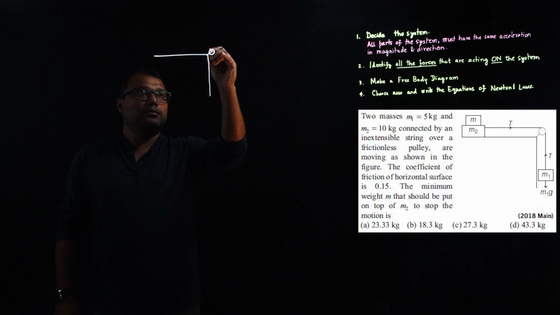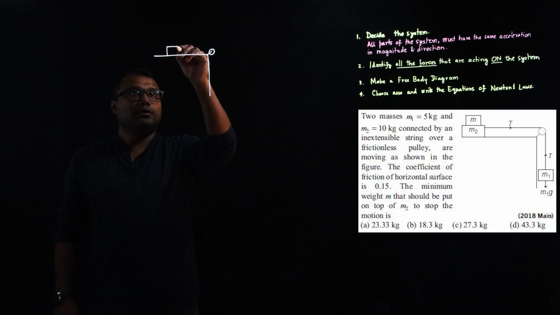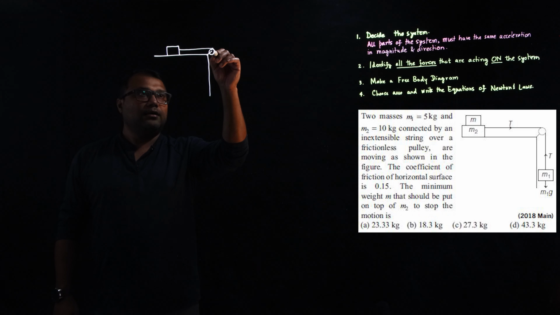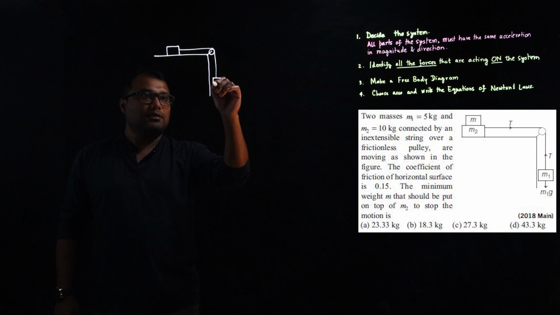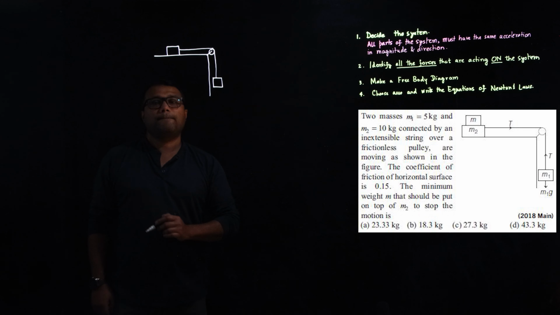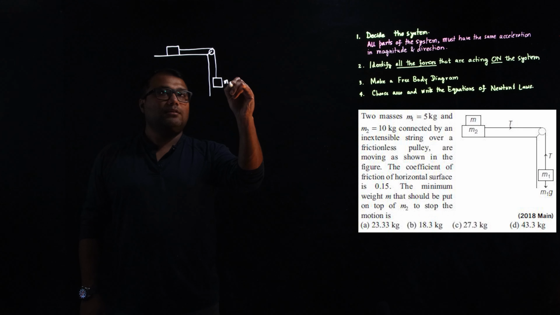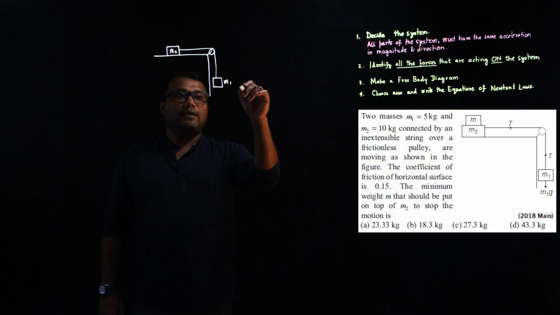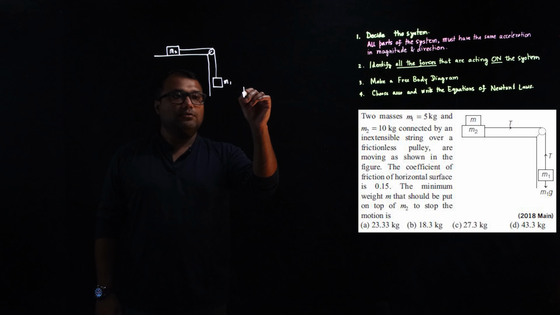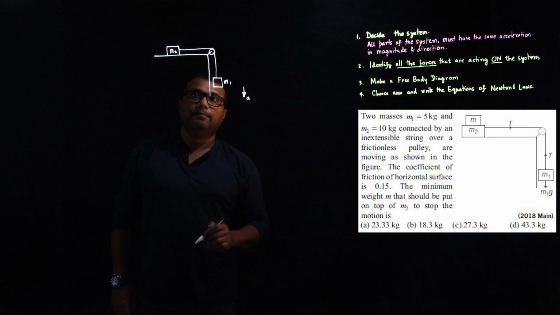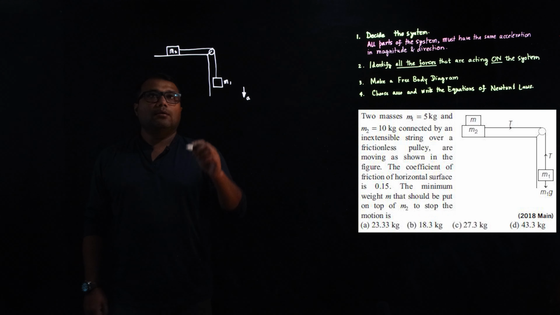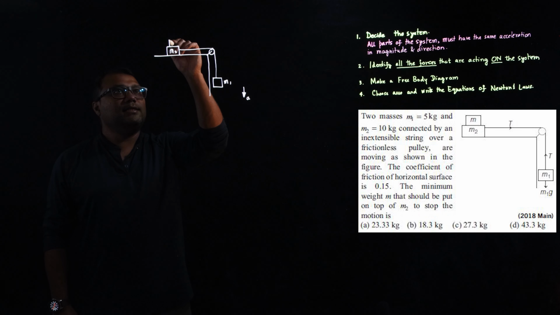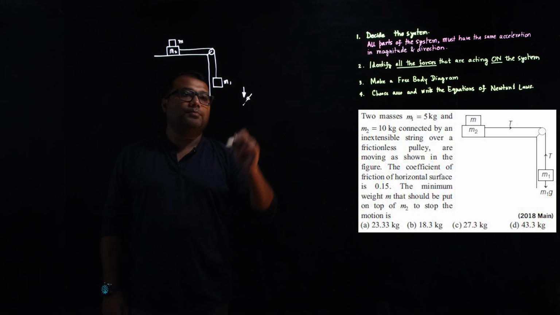So here's a massless pulley, there is one mass here, a massless string, another mass here. This is M1, this is M2, and this is in motion for now, so there is some acceleration. Now, what is the mass M that should be put on top of this to stop this acceleration?